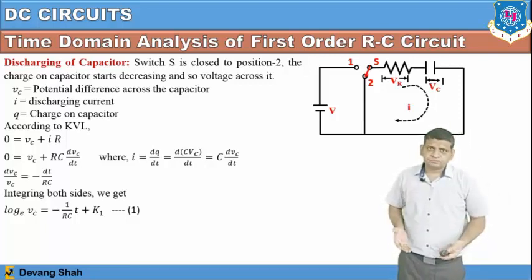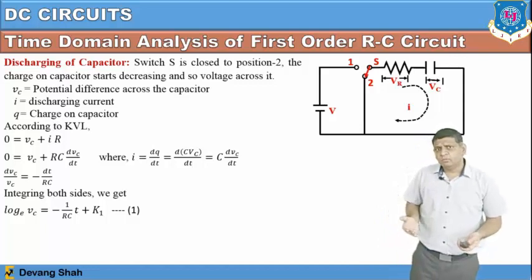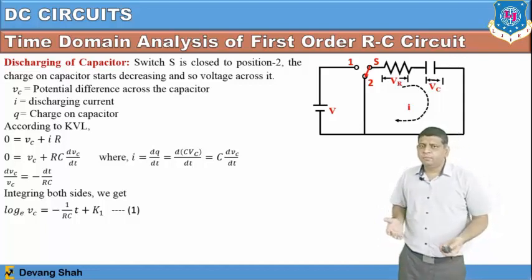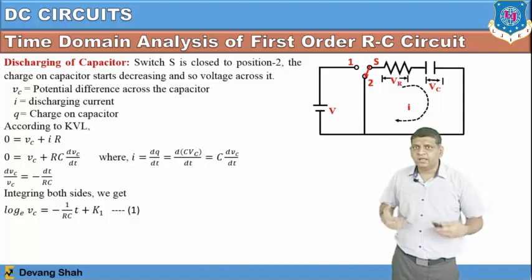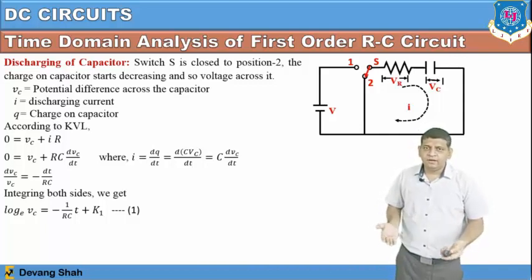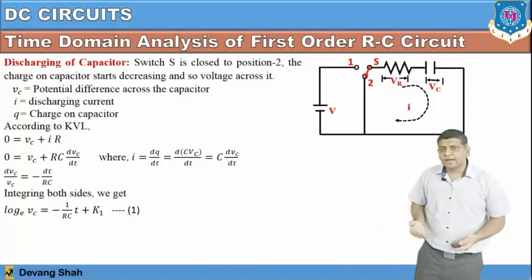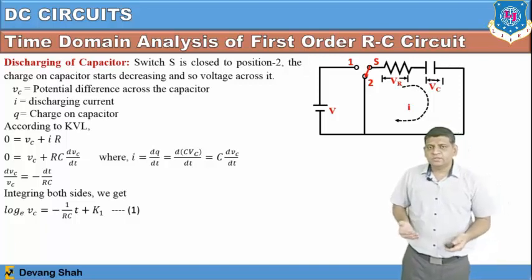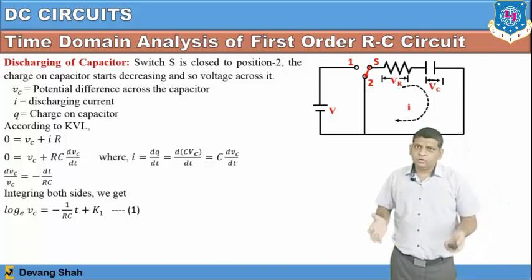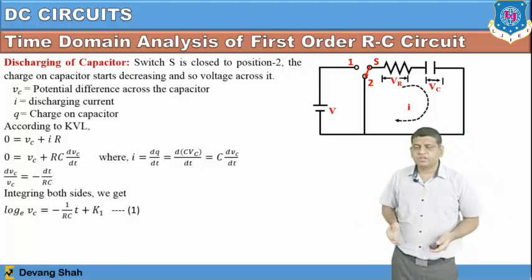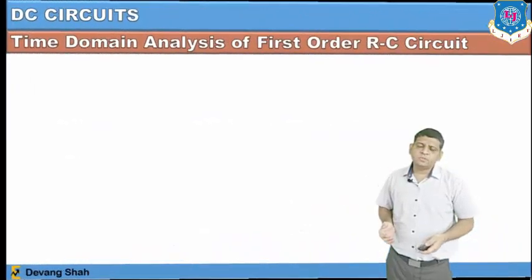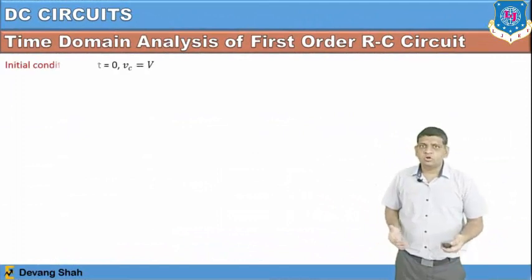Again, taking the integration on both sides, you will find ln Vc = -t/RC + K1, right? You can refer to our previous slides for the integration. Now my job is to find the integration constant K1.